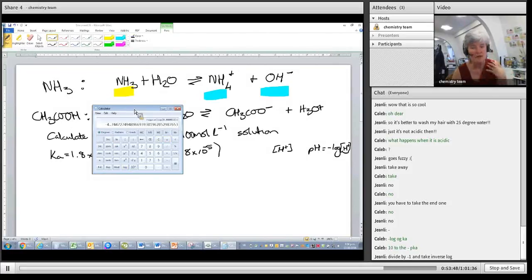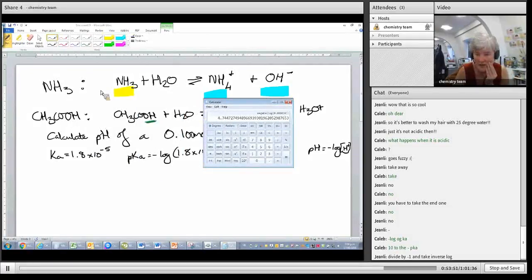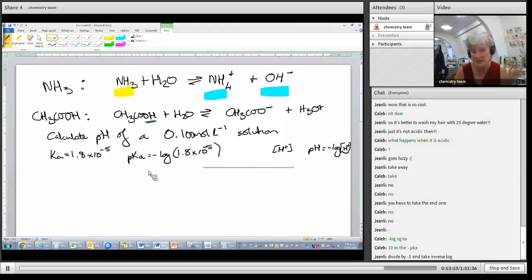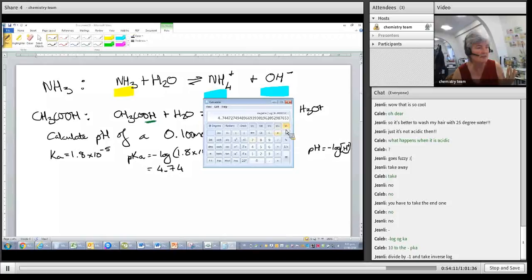So you could go divide by minus 1 and take the inverse log. Yes, that'll also work. So if you get given the pKa and you wanted to calculate the Ka, you could just say 10 to the negative 4.74, equals, and there you get it back again, 1.8 times 10 to the minus 5.